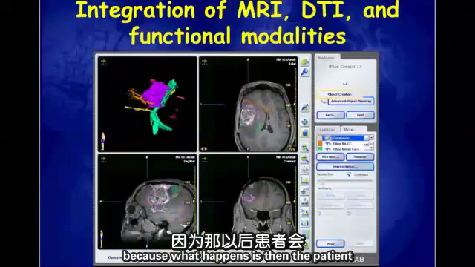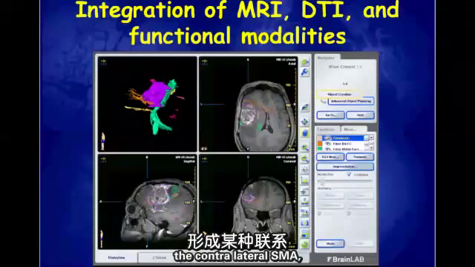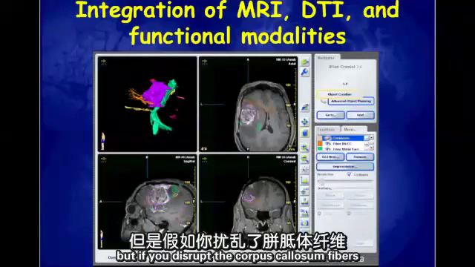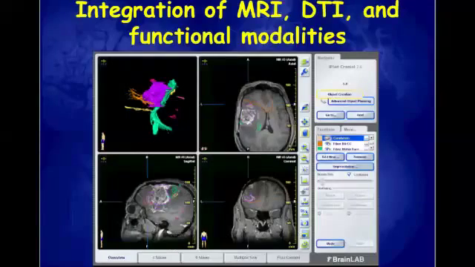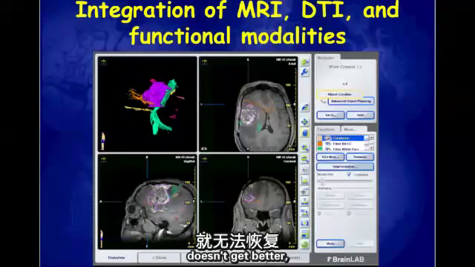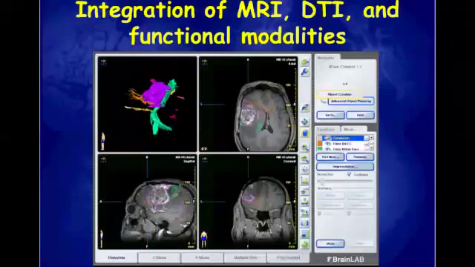Because what happens is the patient actually establishes connections to the contralateral SMA. The contralateral SMA will take over. But if you disrupt the corpus callosal fibers, that doesn't happen. So that 3-month period of dysfunction doesn't get better. So those are surgical nuances that should be taken into consideration when you're doing these surgeries near eloquent cortex.